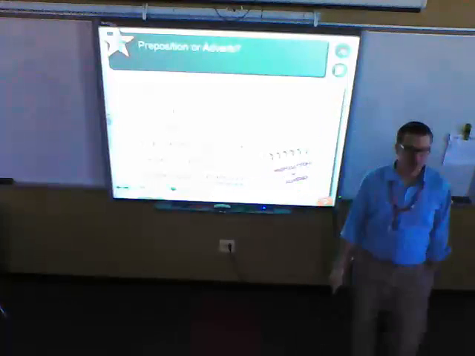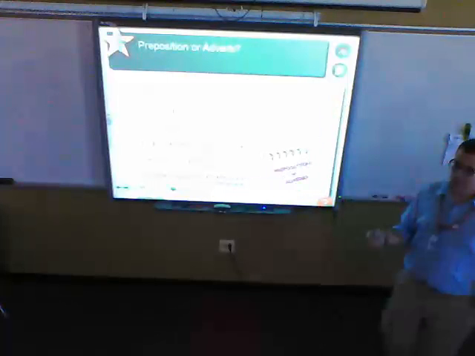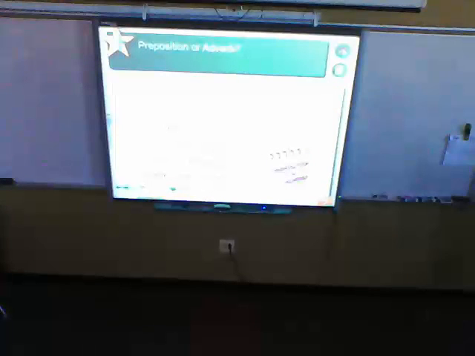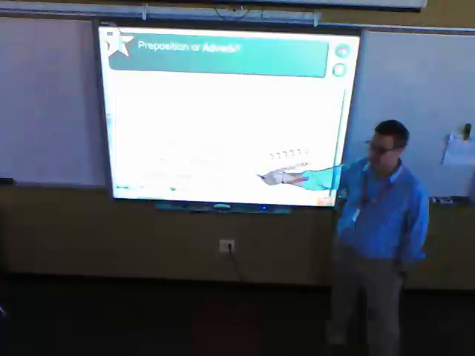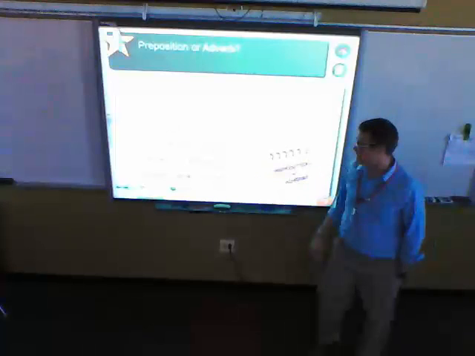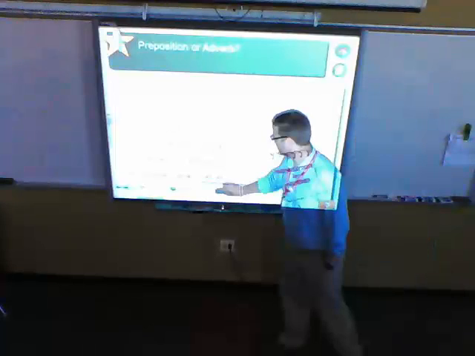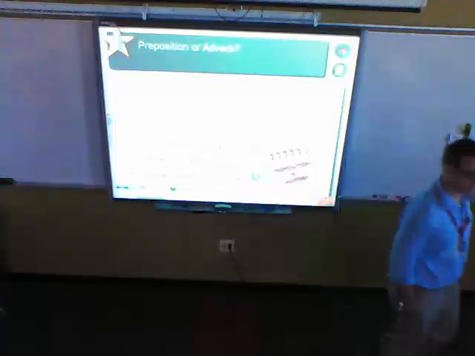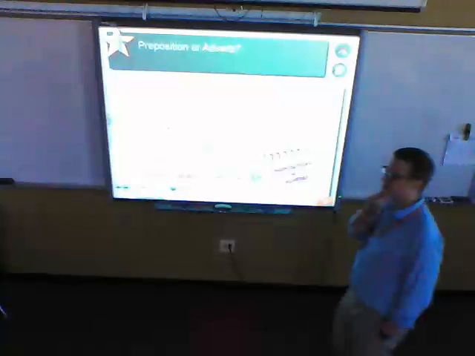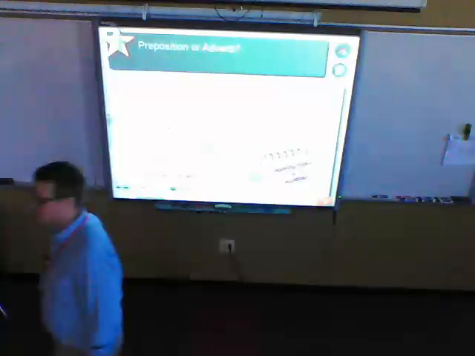So if over and cried starts with what we think is a preposition, but ends with a verb, is this a prepositional phrase? No, because all prepositional phrases end in nouns. So this is an adverb. It's just the one word, over. It doesn't have a phrase that goes along with it, so it's not a prepositional phrase, just an adverb. Okay?